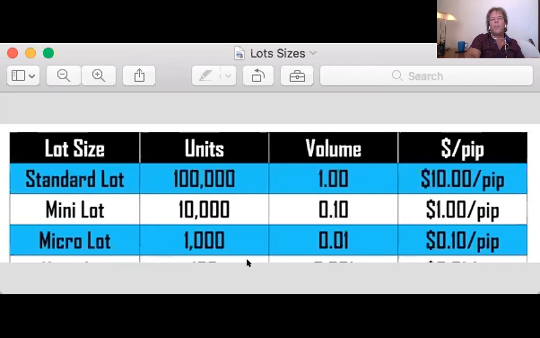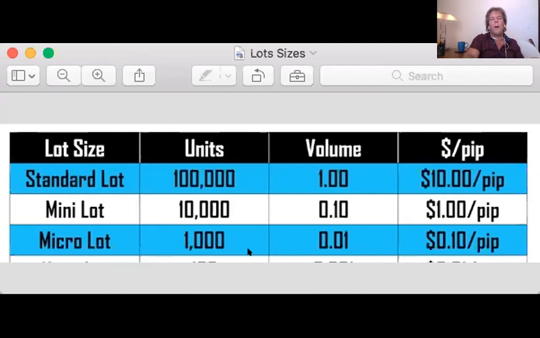So the rule of thumb is a 0.01 lot size for each $1,000 in your account. If you have $2,000 in your account, you can use a 0.02 lot size. If you have $3,000, you can use a 0.03 lot size, and so on.